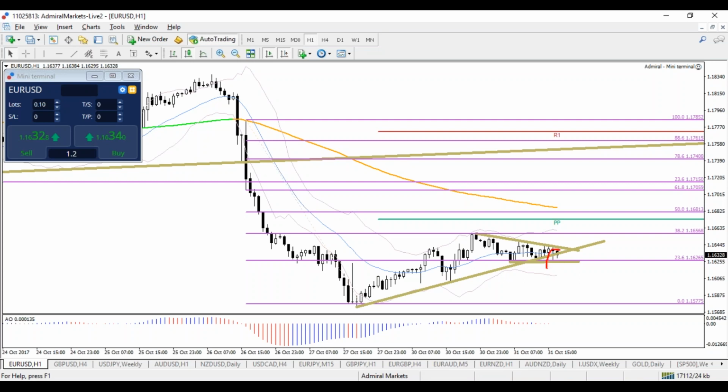But I need to see a breakout candle here, and if it does, it could still be a valid setup because it's breaking through this support line, it's breaking through the descending wedge. So if there's a good hourly candle busting and breaking through this support, well, might not be that bad. I think stop loss above these tops, maybe here somewhere, targeting 115.30, 115.10. 115.80 would be a bit too tight, I think, as a target.